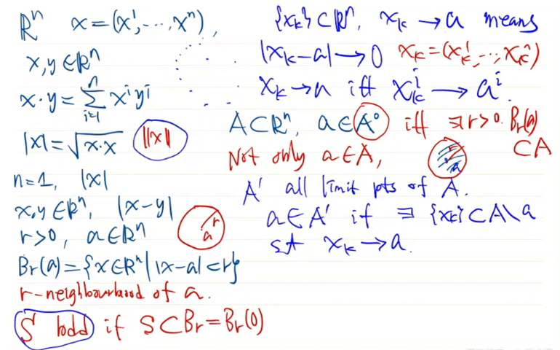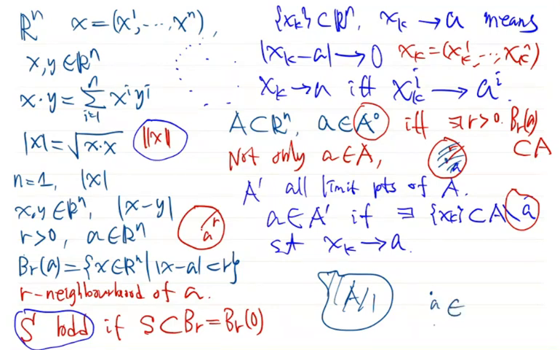And we require this sequence to be not equal to a. Why do we need this? Because, for example, if A is this region and a single point here, this point a also belongs to A.